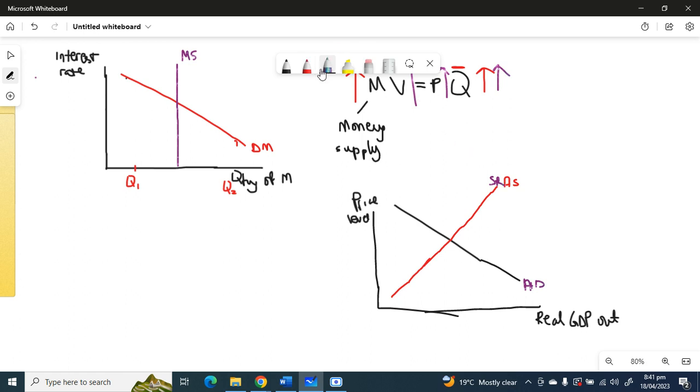Then we have our long run aggregate supply curve, which is not affected by price level. This long run aggregate supply curve shows the real GDP output at full employment. Does anyone remember what full employment means?